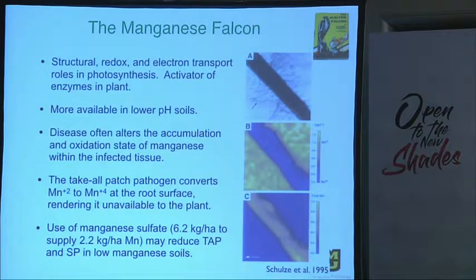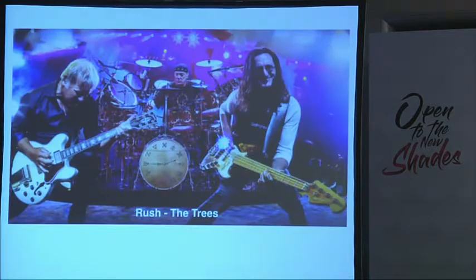In particular, they found that manganese sulfate at 6.2 kilograms per hectare, which will supply about 2.2 kilograms per hectare of manganese in its pure form without the sulfate, is reducing take-all patch and summer patch, particularly in low manganese soils. So is this something that we can apply to our ultra-dwarf Bermuda grass greens? Yes?